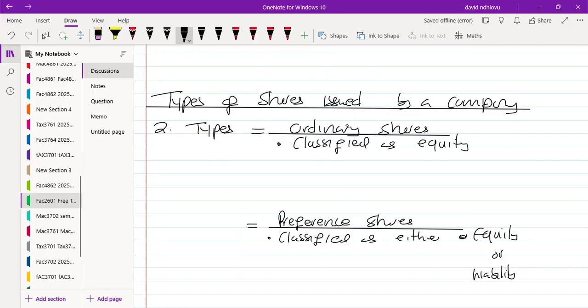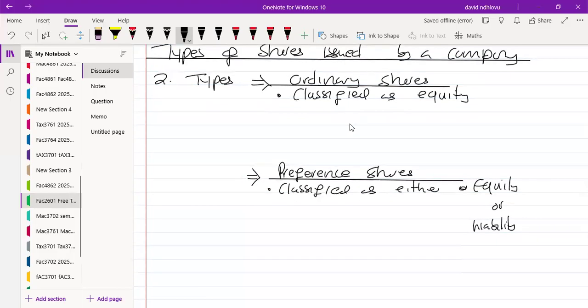What do you understand by the term equity, good people? Equity normally represents the funds that have been used to fund the business that were provided by the shareholders of the company, who are the owners of the entity. So those are what we call shares usually. These are funds provided by shareholders.